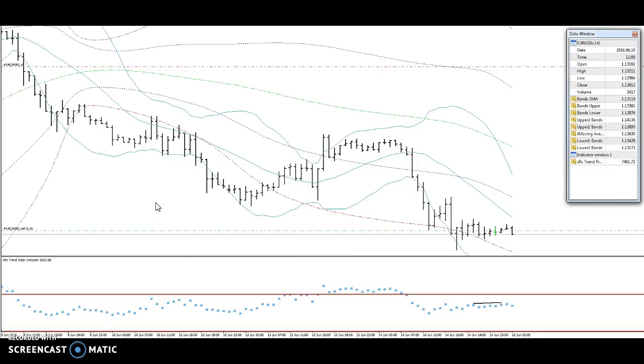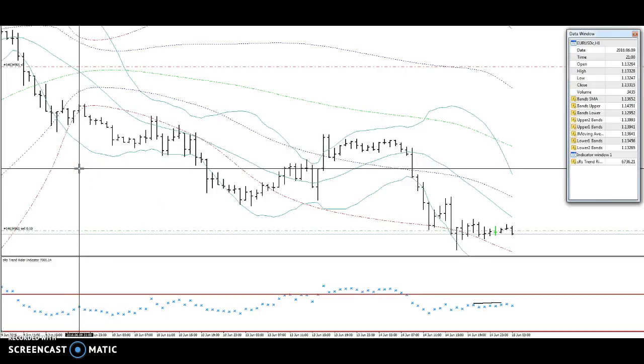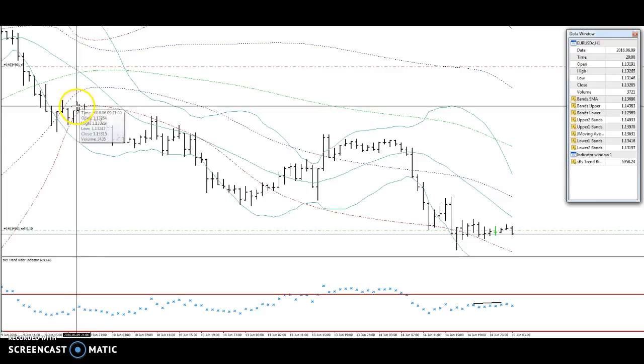How to spot divergences: I have discussed it several times in my previous videos as well. When the price is moving in one direction and the indicator you are looking at is moving in another direction, that's a divergence scenario. For example, let's see this bar. A peak is formed here.